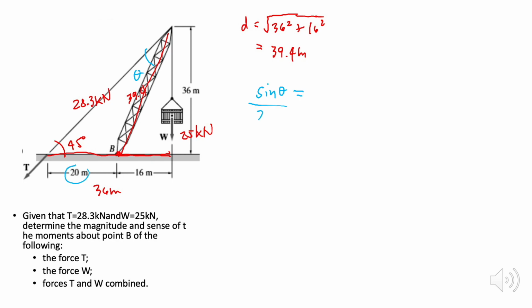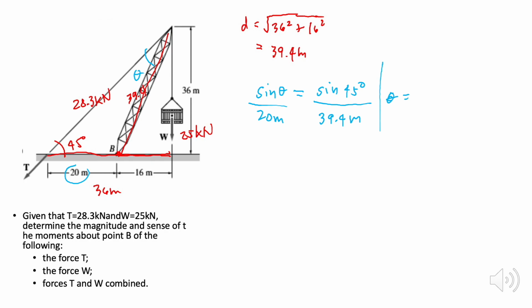So sine theta over 20 meters is equal to sine 45 degrees over the side opposite that angle, which is 39.4 meters.